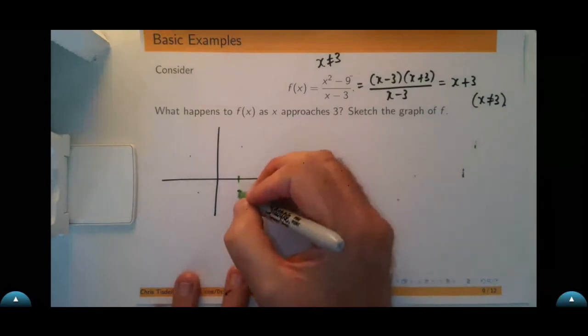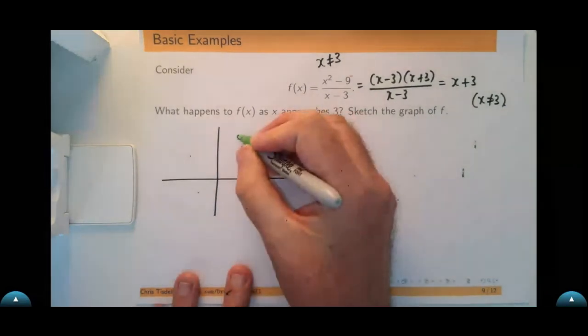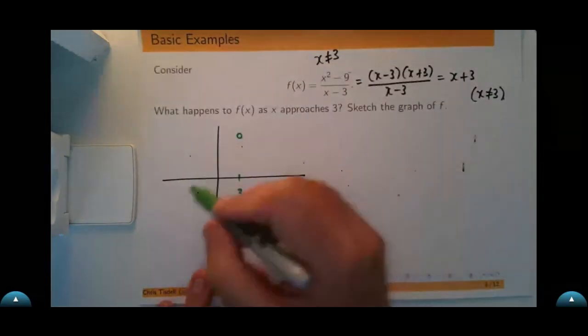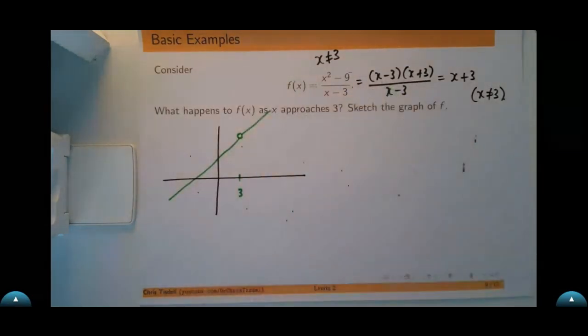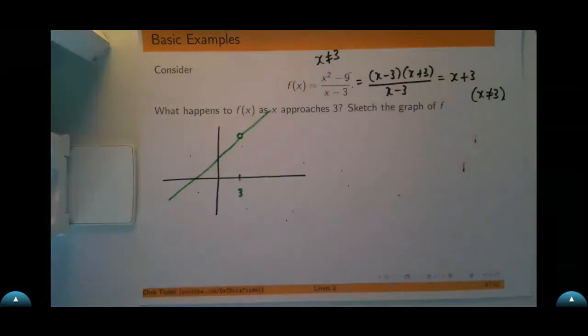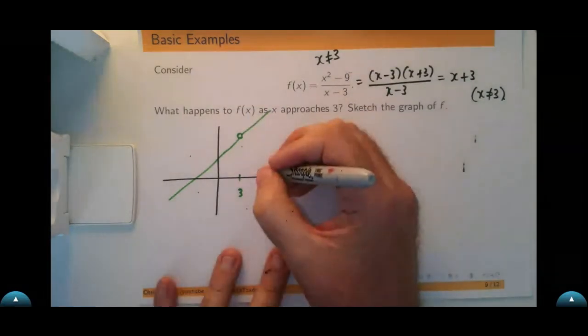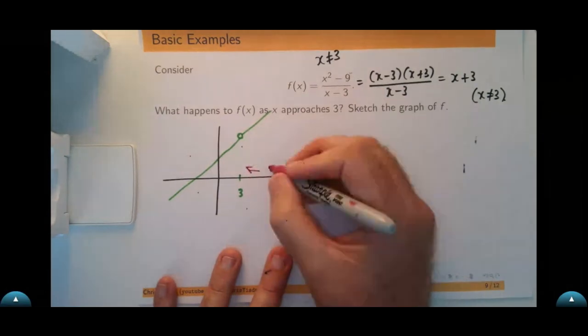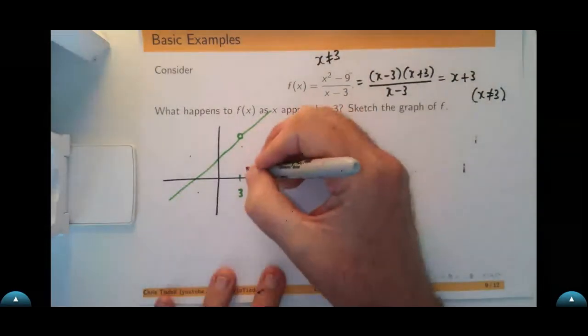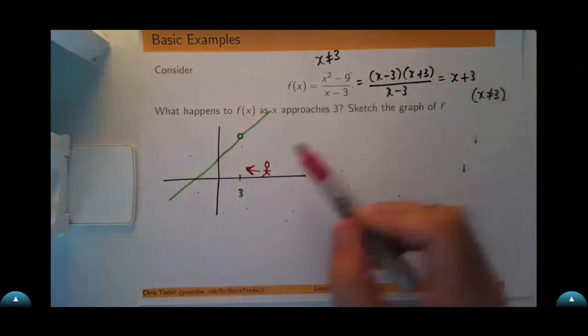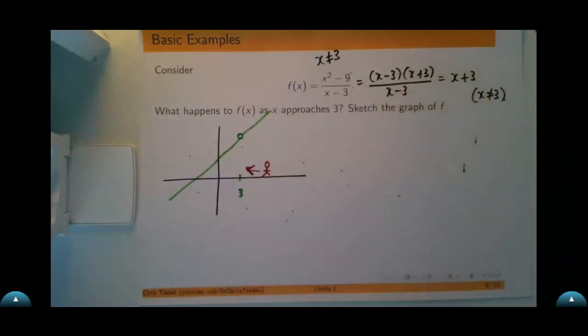So let's make that 3, and I'm going to go there. Who can tell me, if I'm coming in from the right, what is this function approaching as x approaches 3? Can anyone tell me in the chat?